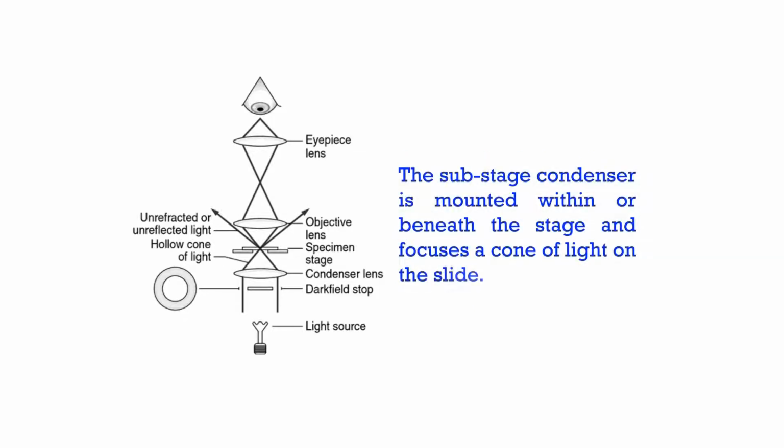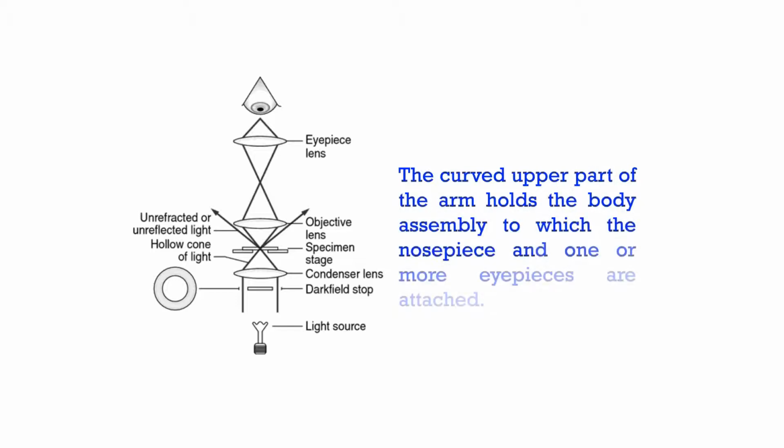Then the substage condenser is mounted within or beneath the stage and focuses a cone of light on the slide.